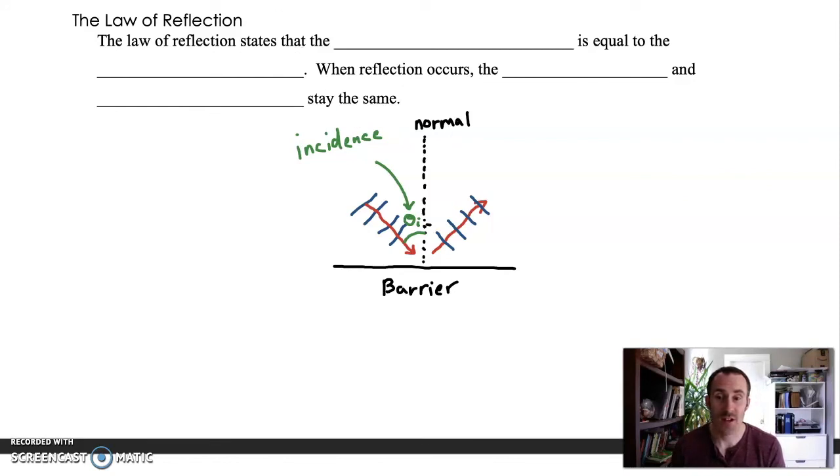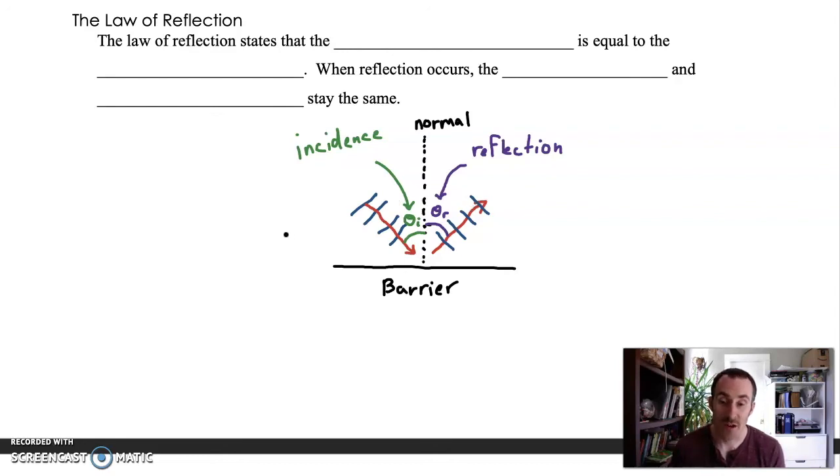And then this angle over here, let's use a different color, this angle over here is theta R, or the angle of reflection. What the law of reflection says is that the angle of incidence is equal to the angle of reflection. However it reached the barrier, it's going to bounce off at that same angle.